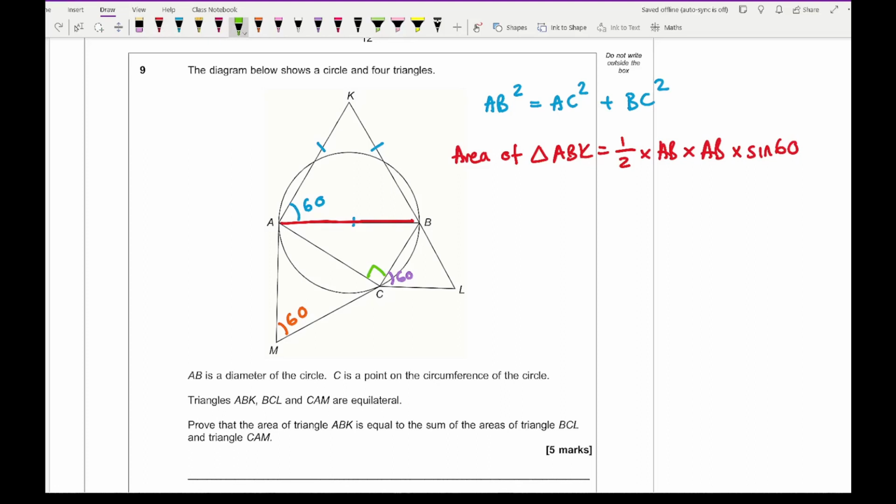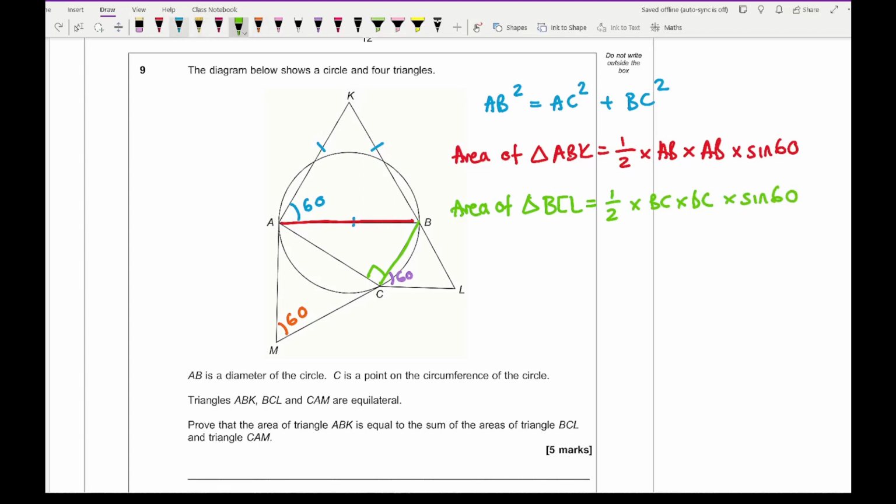I can then work out what the area of triangle BCL is going to be. BCL is this triangle here, so it's going to be a half times BC times BC times sine 60.